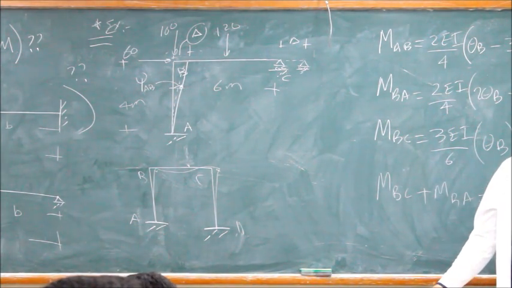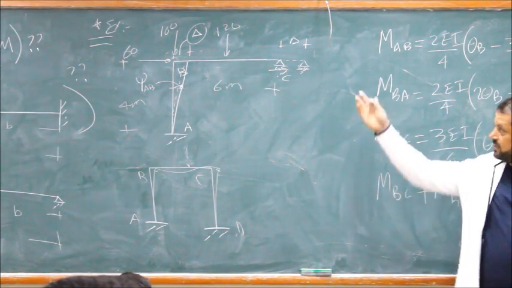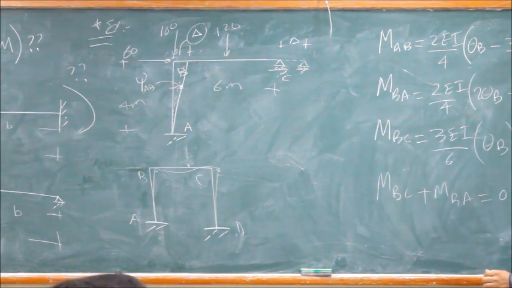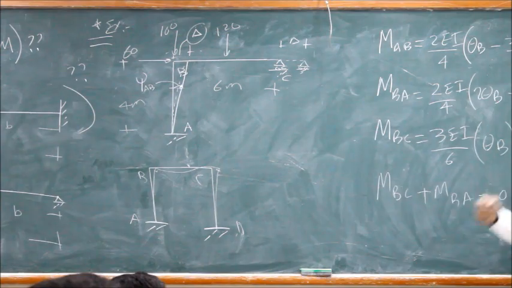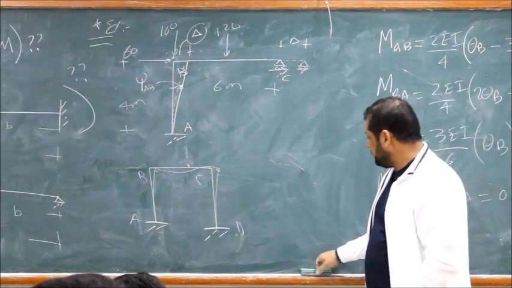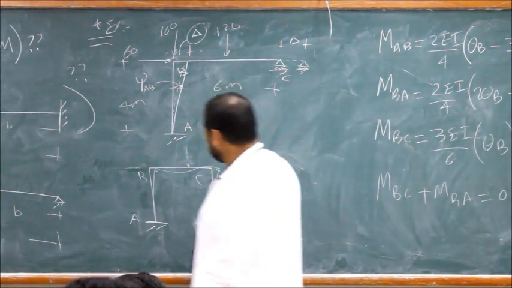You can say delta over L is psi. Delta is unknown or psi is unknown. Where do we get them from? You do it from the free body diagram or the structural problem. Look at this now.